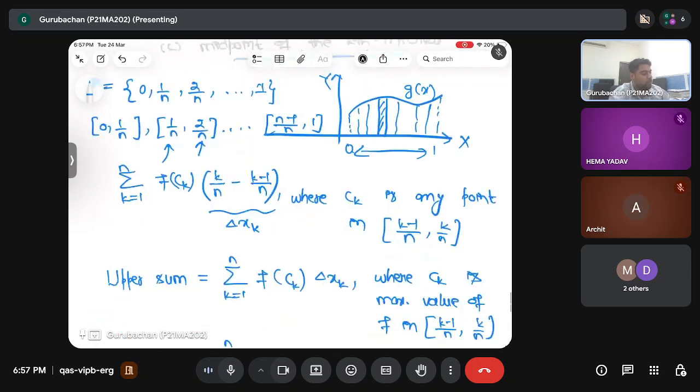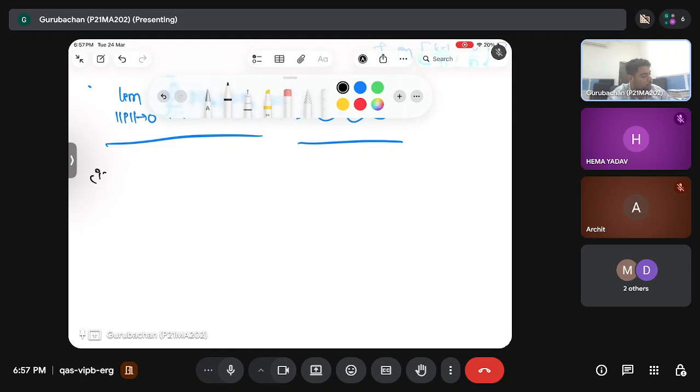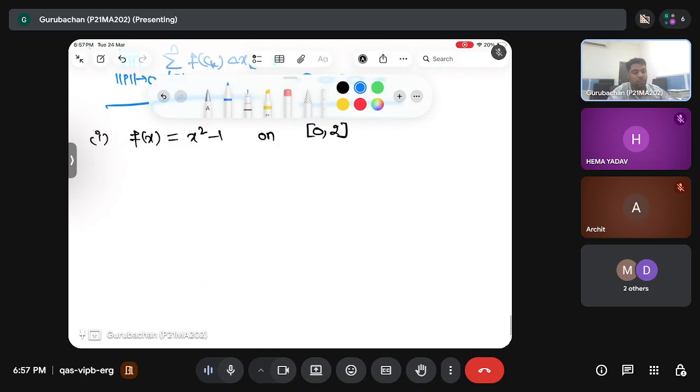So let me mention the exact question for which we have to do this analysis or calculation. The first one is simply x square minus 1, and the interval is 0 to 2. First of all, we have to draw the function x square minus 1. Now tell me, what is the graph of x square minus 1?